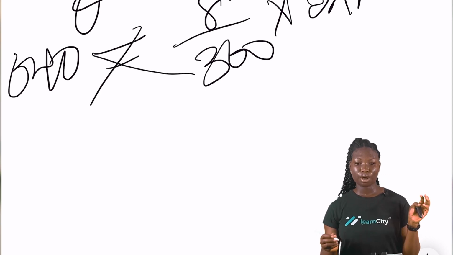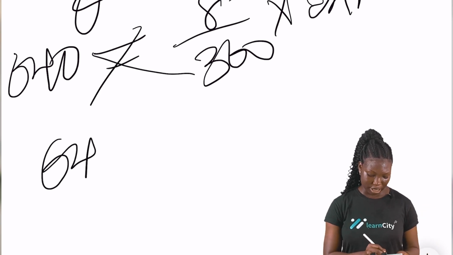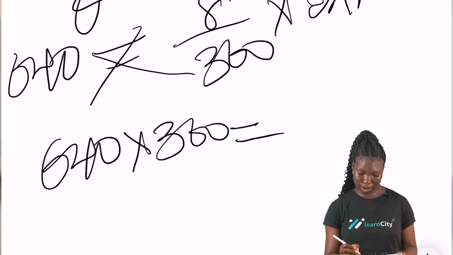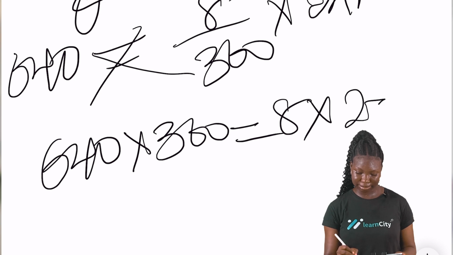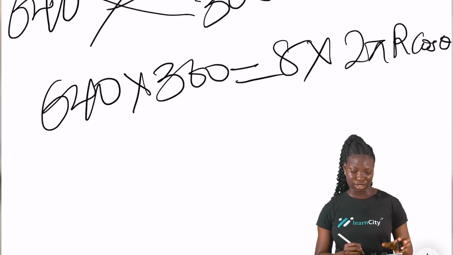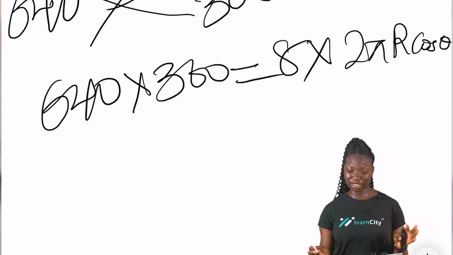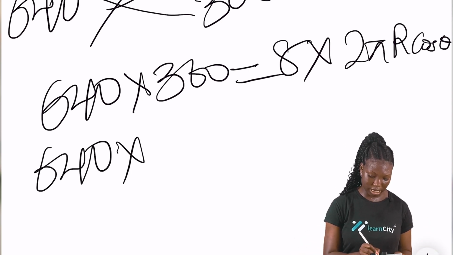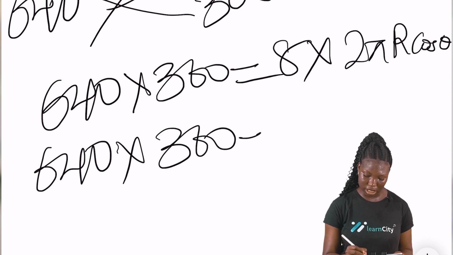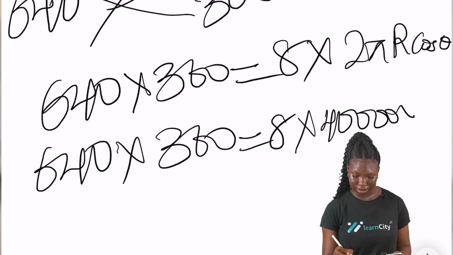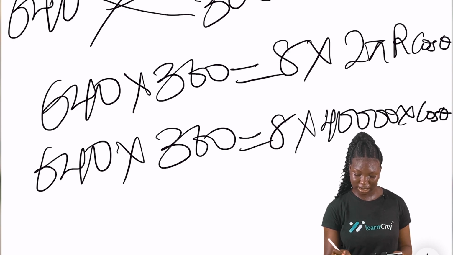We cross multiply, where we have 640 times 360 equals 8 times 2 pi r cos theta. We know that 2 pi r is 40,000. So we have 640 times 360 equals 8 times 40,000 times cos theta.